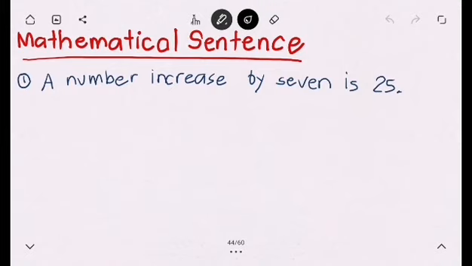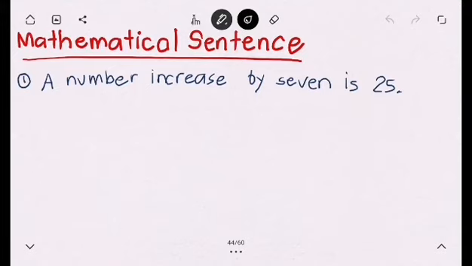So let us try to translate this English sentence into mathematical sentence. Okay. So let's say we have to translate: a number increased by 7 is 25. So this is an English sentence. So ita-translate natin into mathematical sentence.